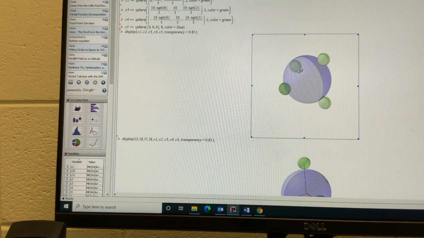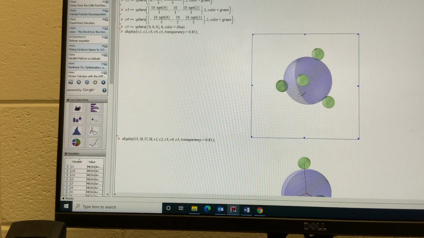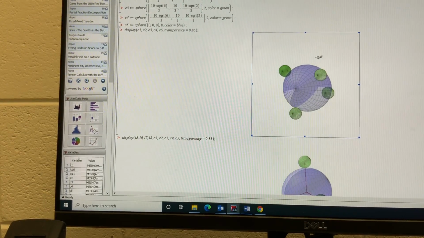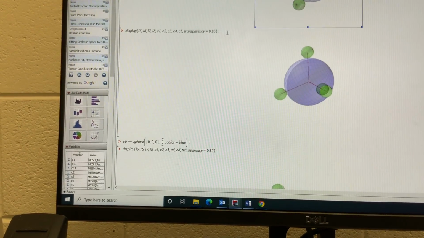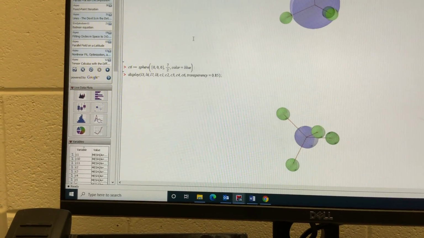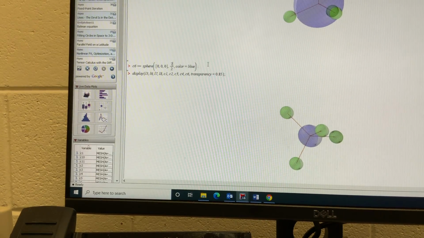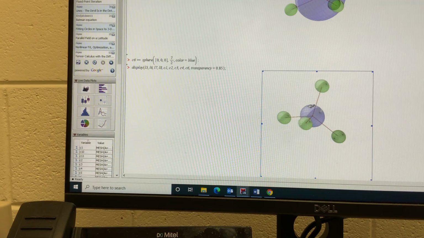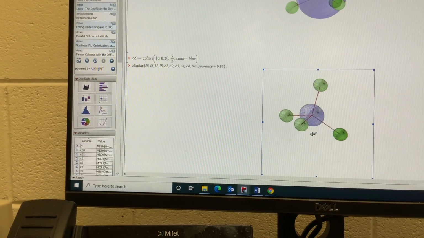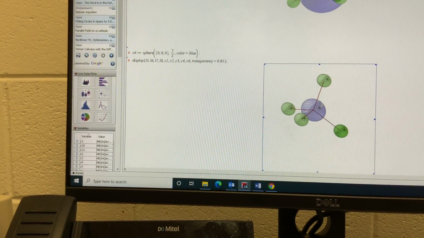And as you can see, the spheres were tangent to one another when they met. Okay, when I did the 7/2, 7/2 plus 3 was not equal, and so these radii are not tangent to one another. The spheres are not tangent to one another.